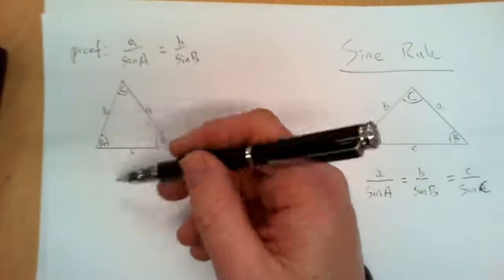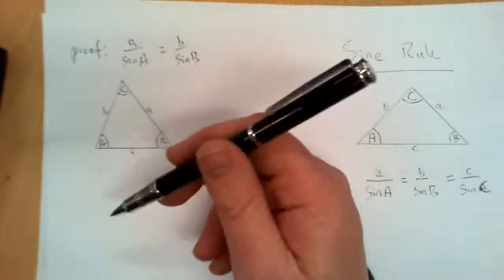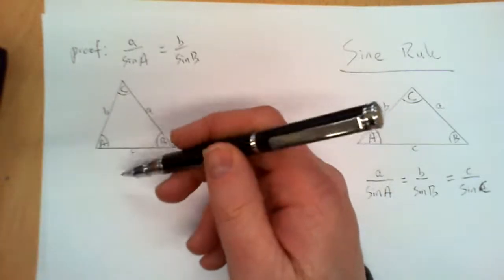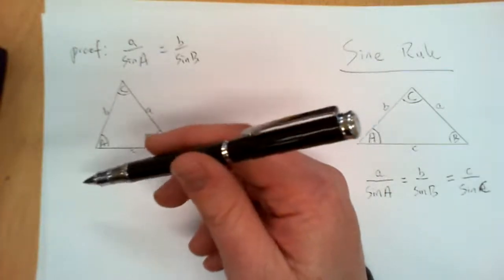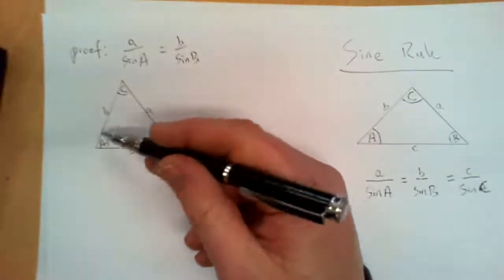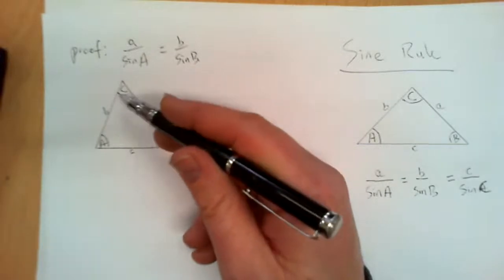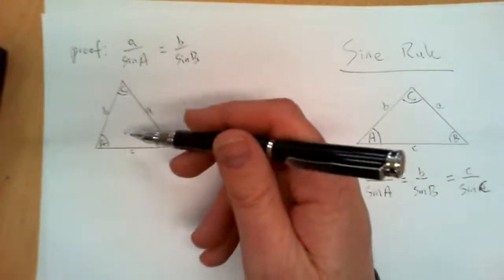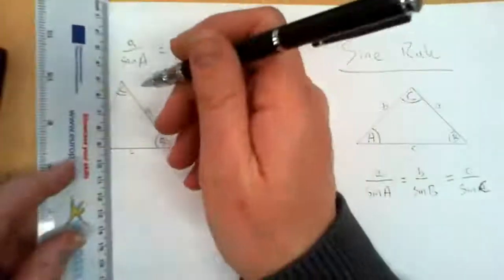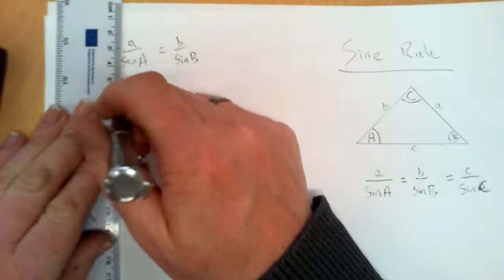In order to prove it, we need to do one little piece of work. We need some way of figuring out the sine of A in terms of b. So my suggestion, you can take me up on this, is drop a perpendicular down.